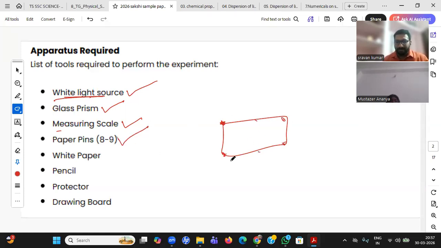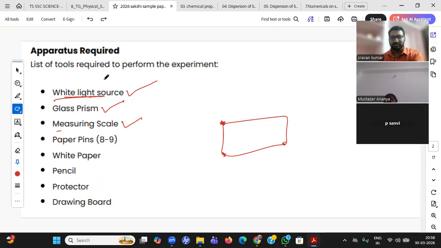Paper pins, white paper, pencil to draw the lines, protractor for angles, and the drawing board where this entire setup is arranged. These many things are required. Anyhow, three or four are more than enough as it is only 2 marks.